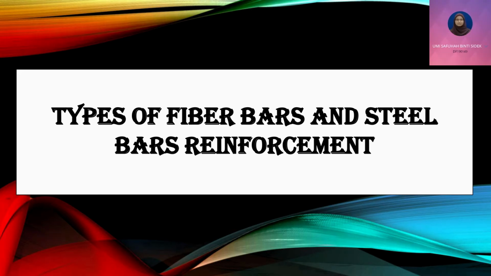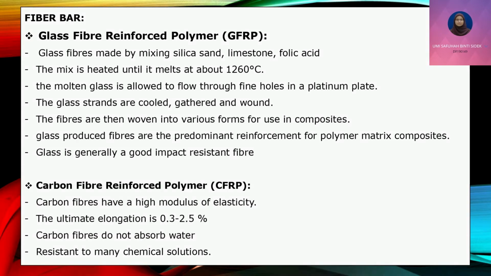There are several types of reinforced fiber bars and steel bars. The first type of fiber bar reinforcement is glass fiber reinforced polymer (GFRP), in which glass fibers are basically made by mixing silica sand, limestone, folic acid, and other minor ingredients.